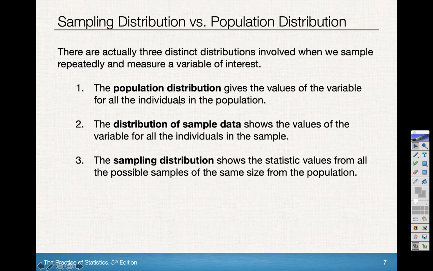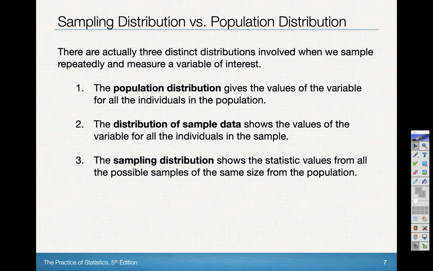So my population distribution would have approximately 150 million dots, whereas my distribution of sample data would have just 50 dots. Then the third distribution is what we're focusing on today, and that's a sampling distribution.